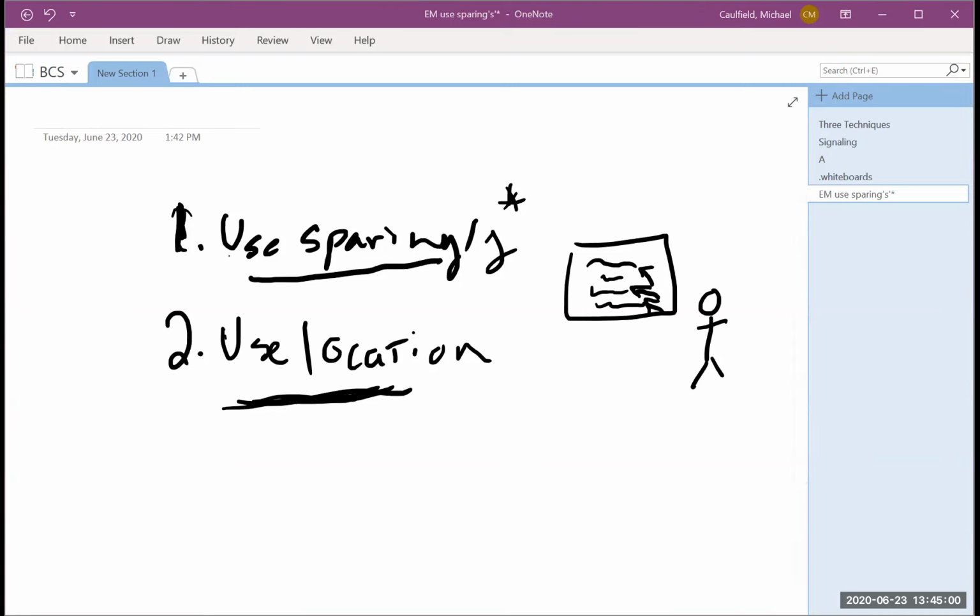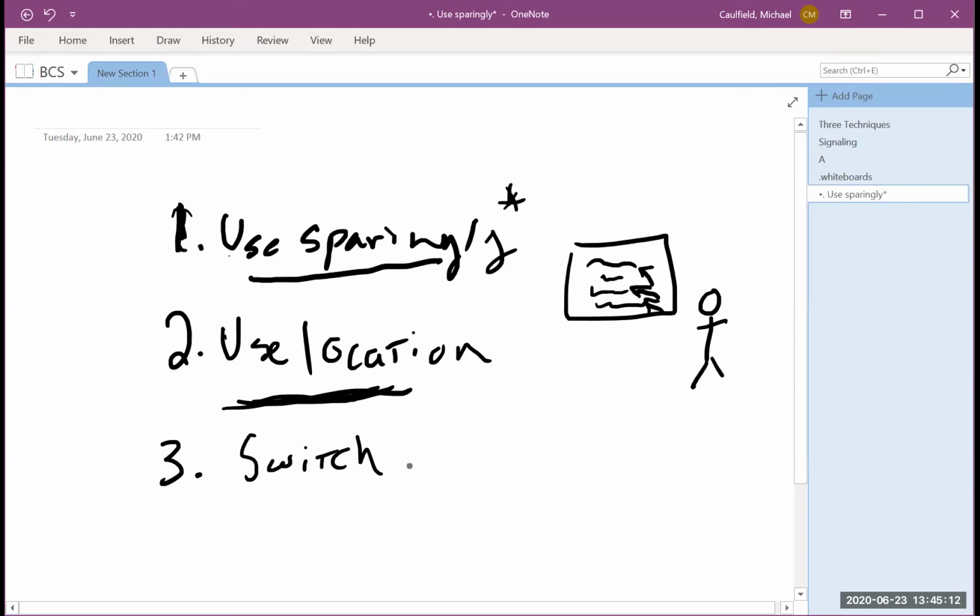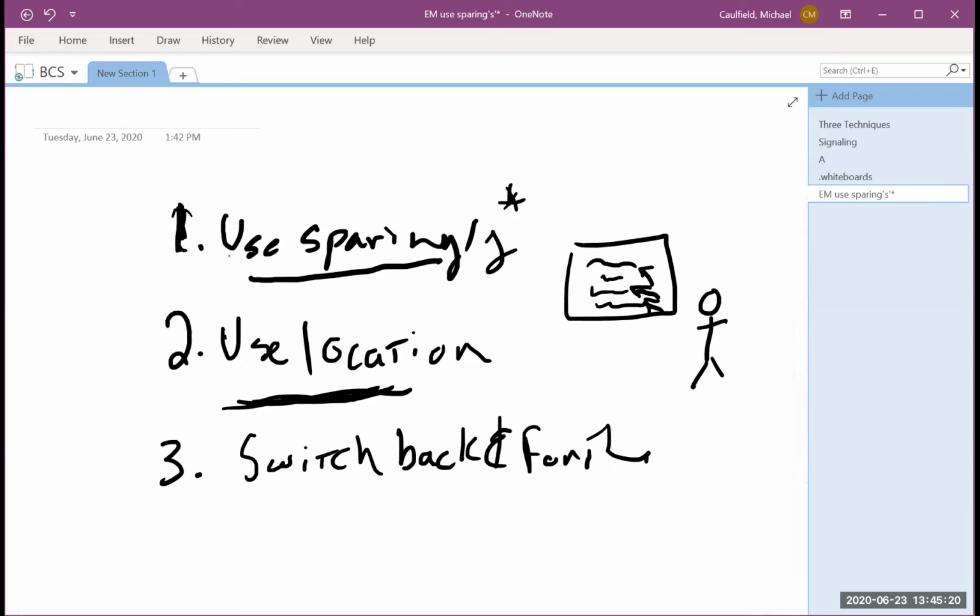The final point, and this is not at the level of the other recommendations, but occasionally you can switch back and forth, right? When we do this whiteboarding thing, I'm not going to switch back and forth and go to my video and back, and that's pretty common for a whiteboarding activity.